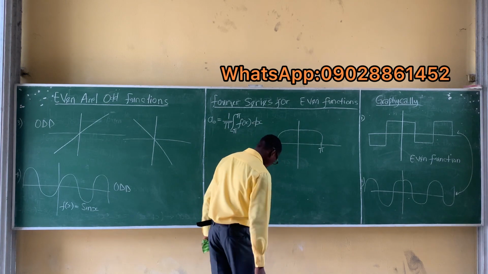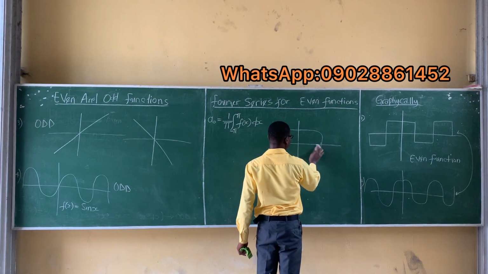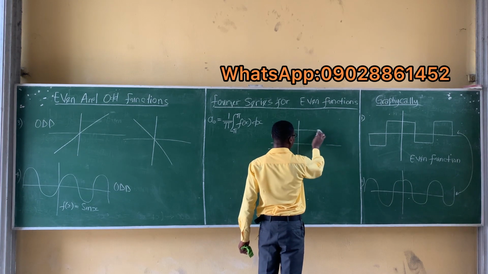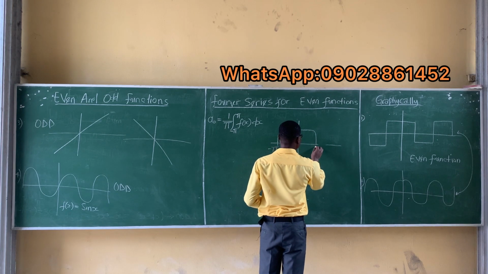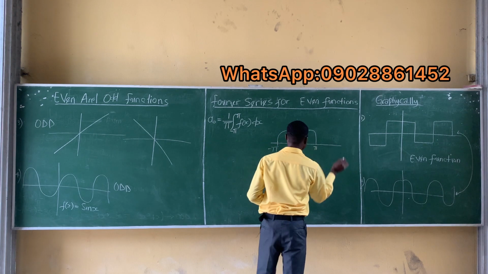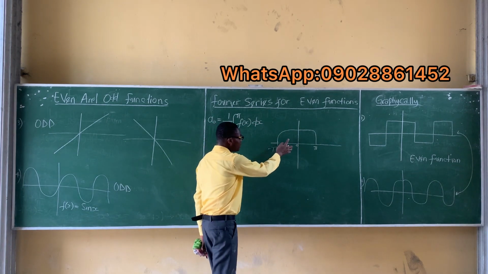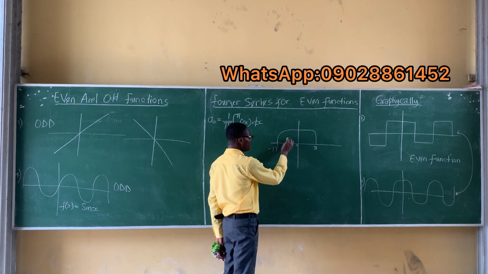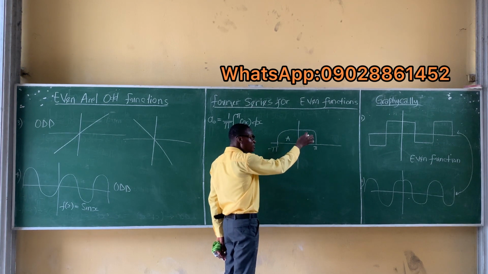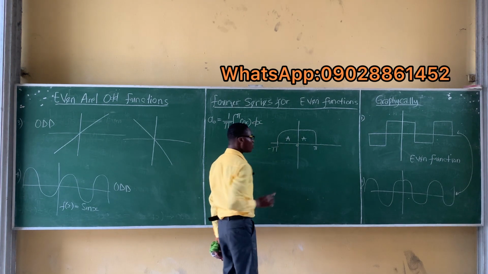Because of how I drew the graph, here and here are actually equal. These two are equal. This is pi, and this is 0. Now, if the area under this curve is A, the area under this curve will also be A, because they are equal.